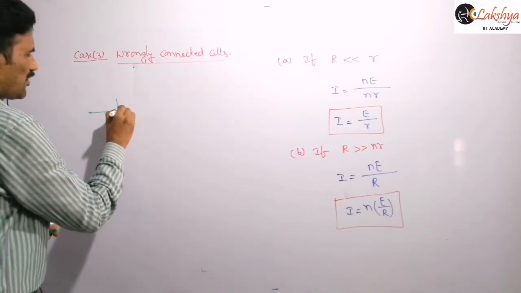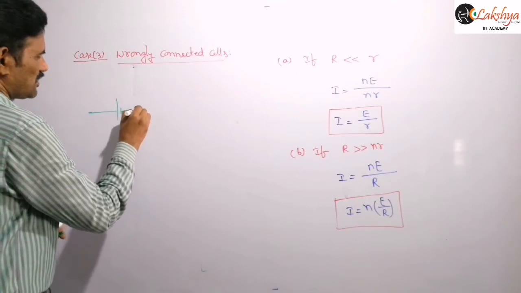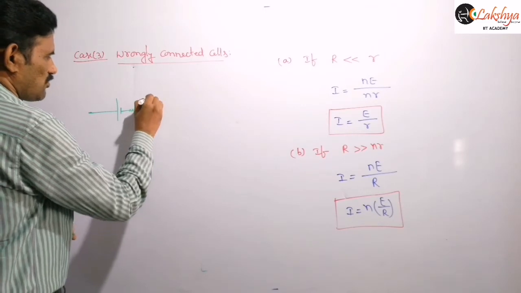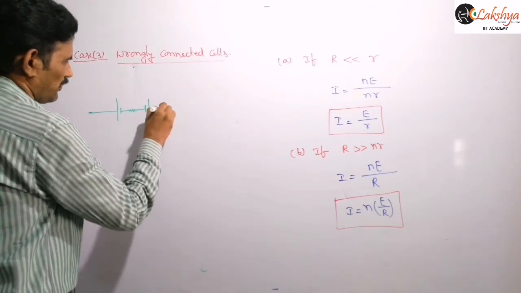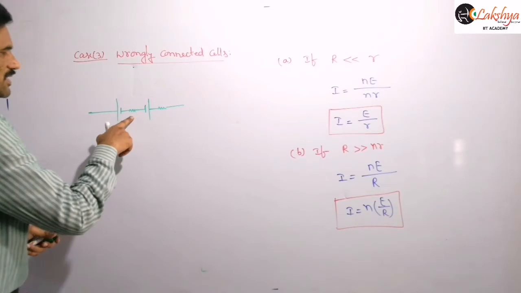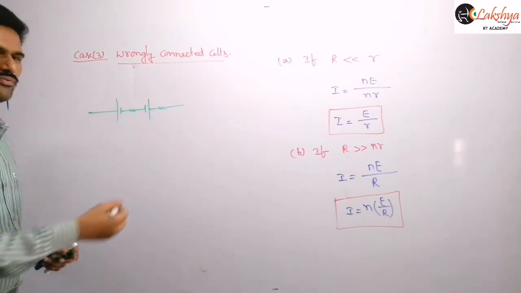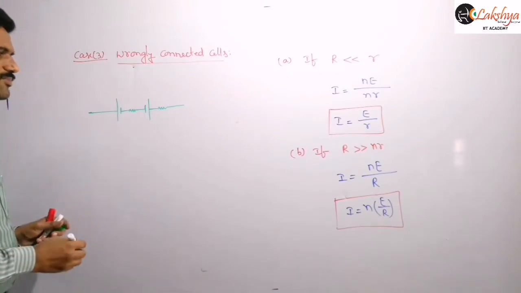By mistake, while connecting these cells, if one or some of the cells are connected wrongly like this, suppose the negative terminal of this cell is connected to the negative terminal of the next cell, then it is said to be wrongly connected.